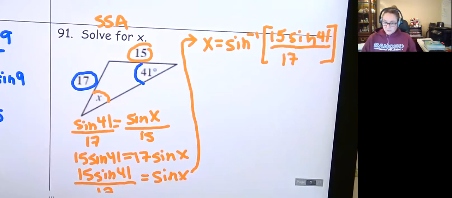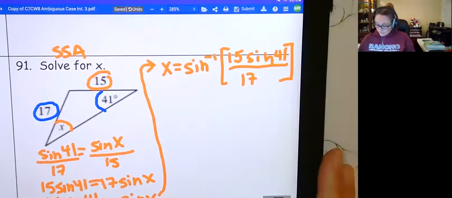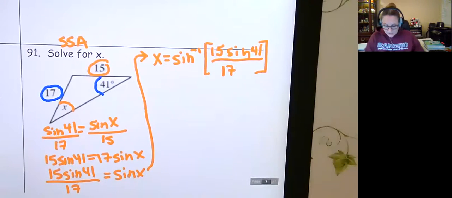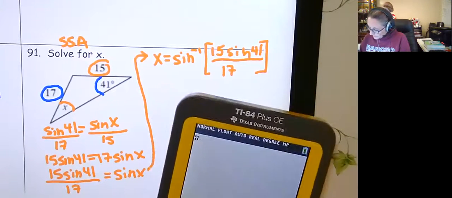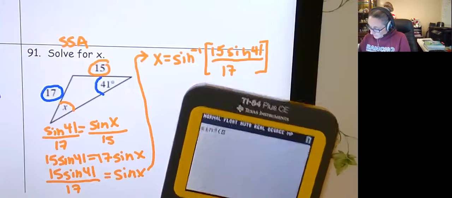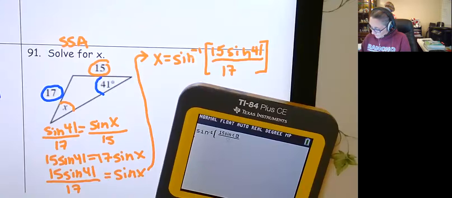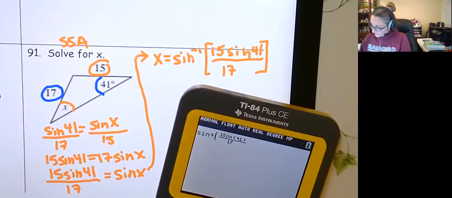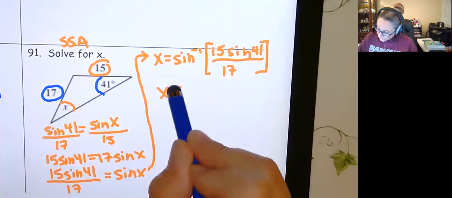Okay, I put that in my calculator. So sine inverse, alpha y equal, 15 sine 41 over 17. I end up with 35.37. So x is 35.37 degrees.